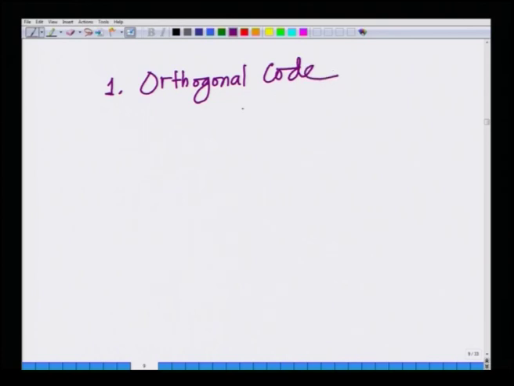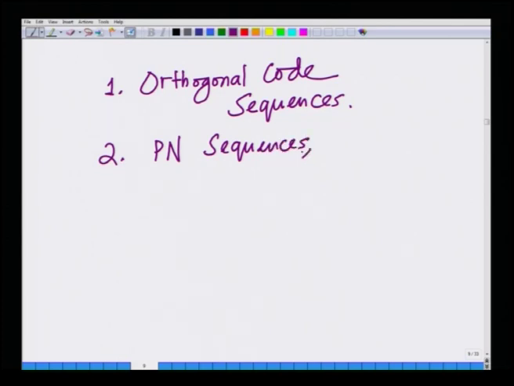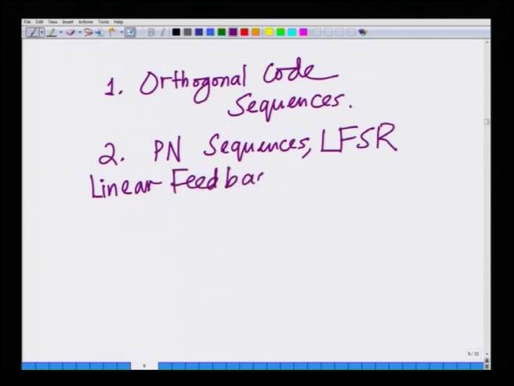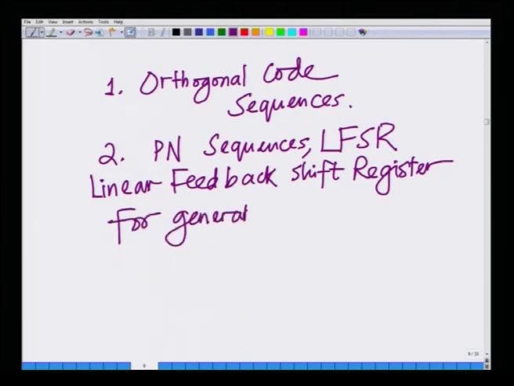And we have seen several different properties of CDMA, starting from the orthogonal spreading sequences or orthogonal code sequences. We looked at PN sequences and the linear feedback shift register, that is LFSR, for generation of PN sequences.